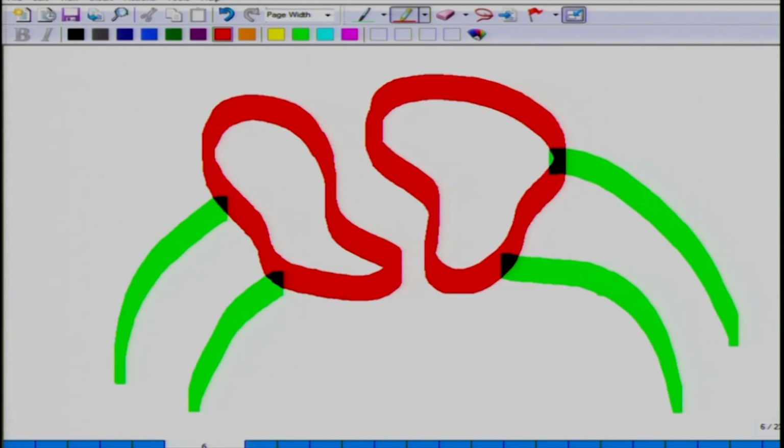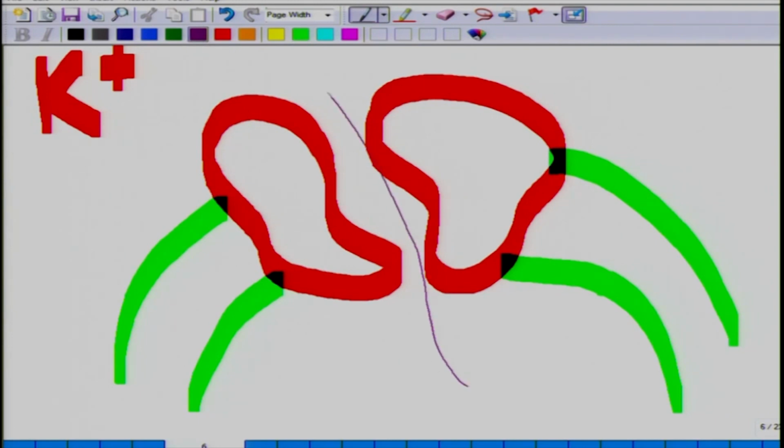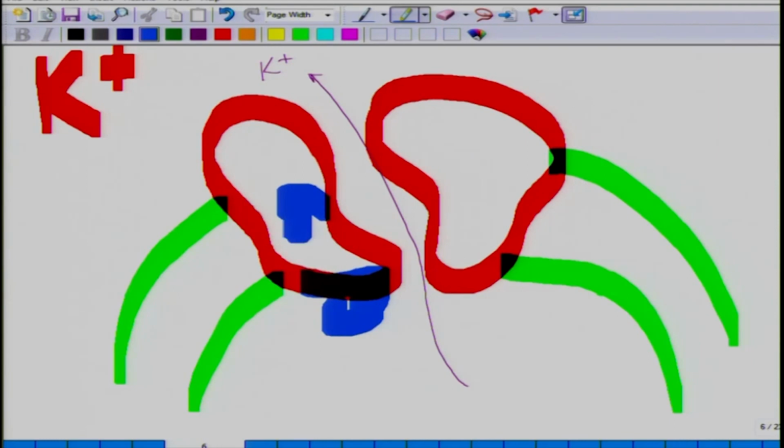So, these potassium channels essentially allow the potassium to flow out. They have certain sensor elements sitting somewhere here, and then they have a gate element, as I discussed previously, which opens up and allows the flux of potassium outside the cell.